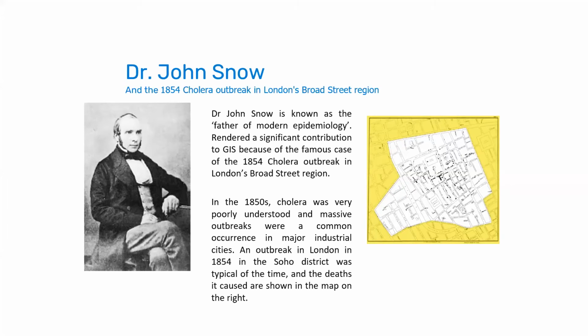Right? So because of this particular intervention, he is in fact recognized in certain sources as the father of modern epidemiology. This is about what happened with Dr. Jon Snow in 1854. And because of its importance, this incident is considered a historic event for GIS, right?